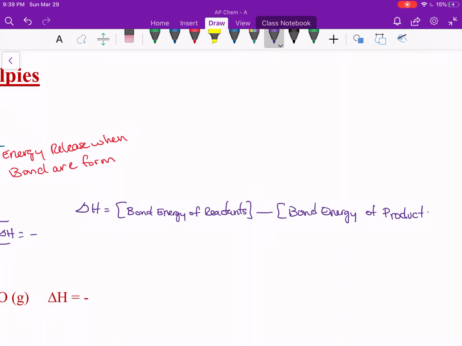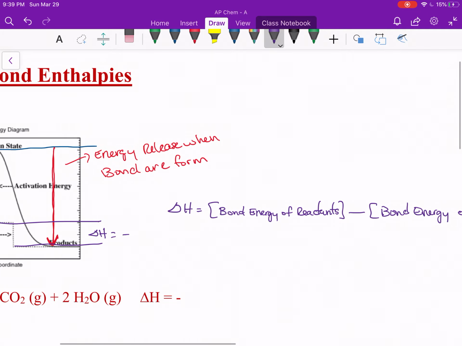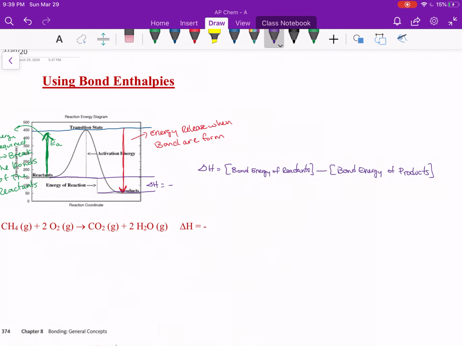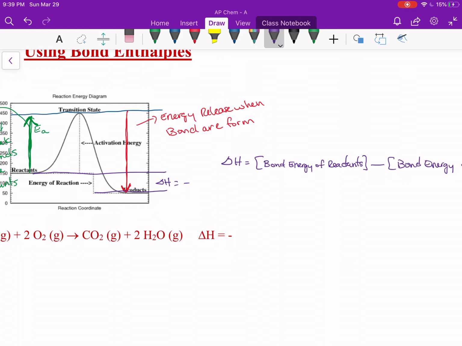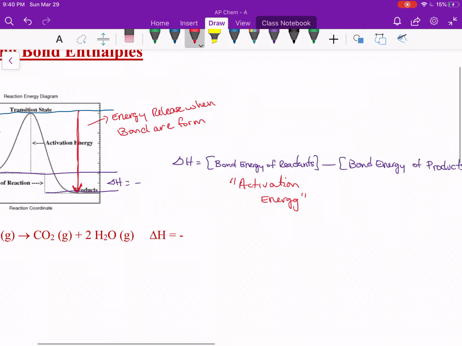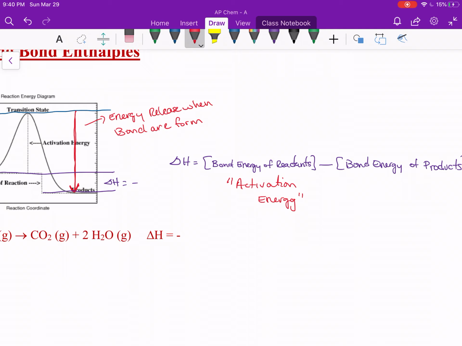Now this is slightly different than our heats of formation, because heats of formation were products minus reactants. Here we have our bond energy of our reactants, and remember that is our activation energy. So basically it's our activation energy minus the energy formed when bonds are created, or the energy released when bonds are formed. And so activation energy minus that energy. So reactants minus products when we're using bond enthalpies.